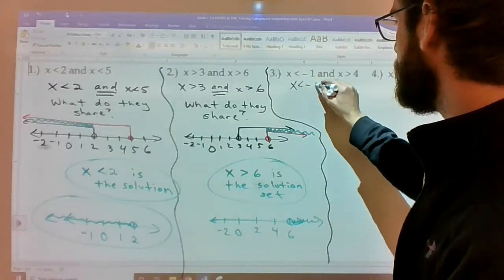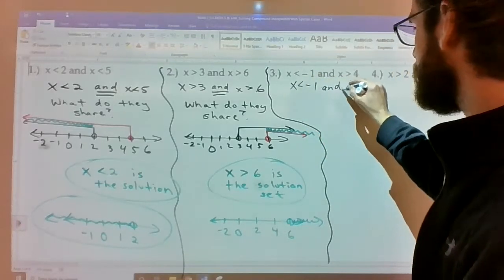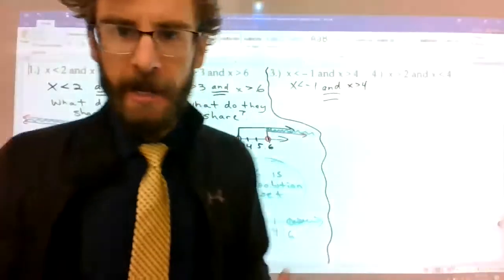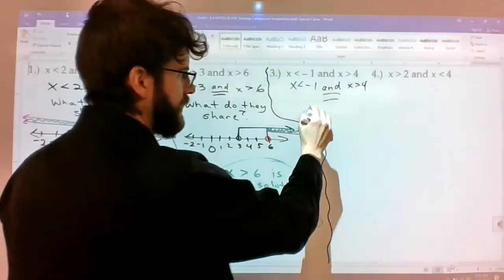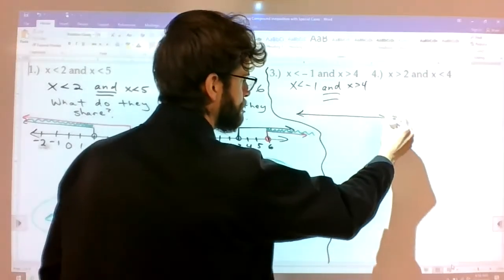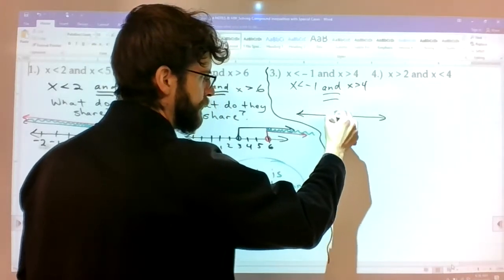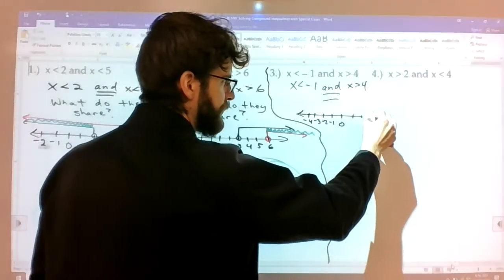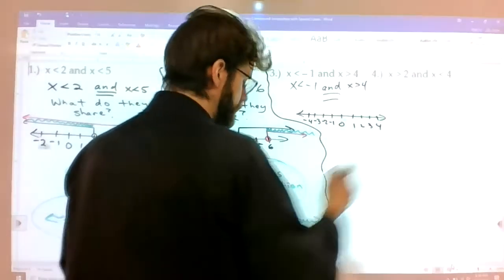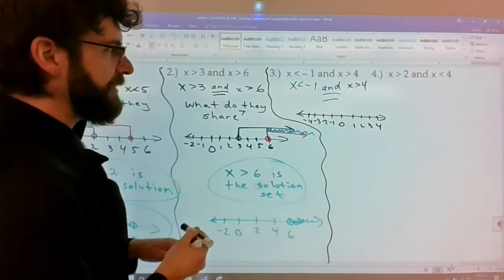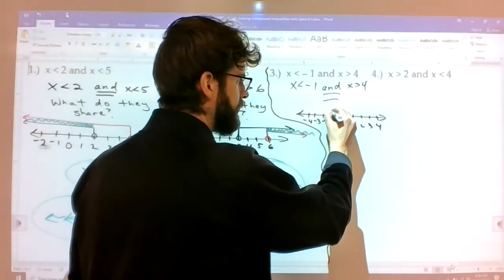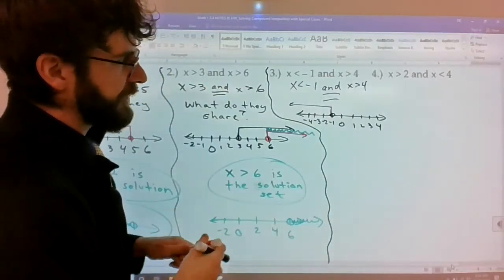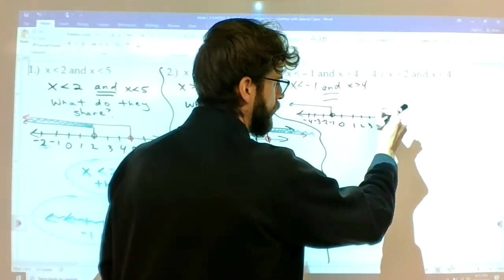X is less than -1. And x is greater than 4. What do they share? All right, what do they share? Well, if I graph this, -1, 2, 3, 4, 1, 2, 3, 4. I've got an open circle at -1 going this way. I've got an open circle at 4 going that way.